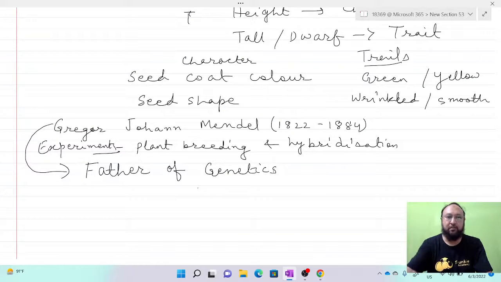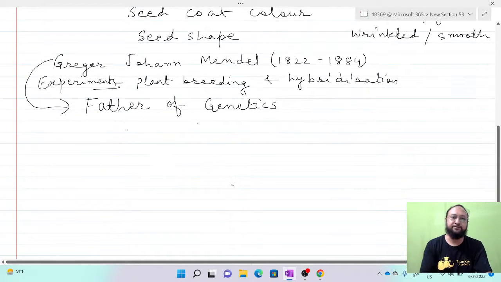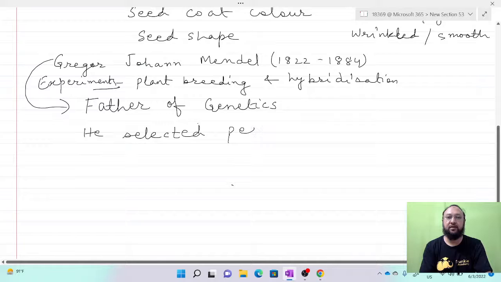He chose the pea plant particularly. This is a very important question: why did he select the pea plant for his experiment?